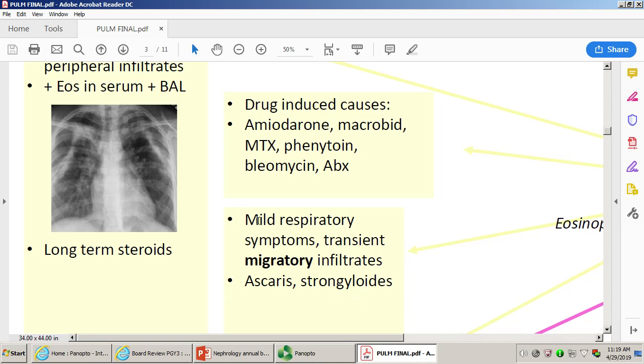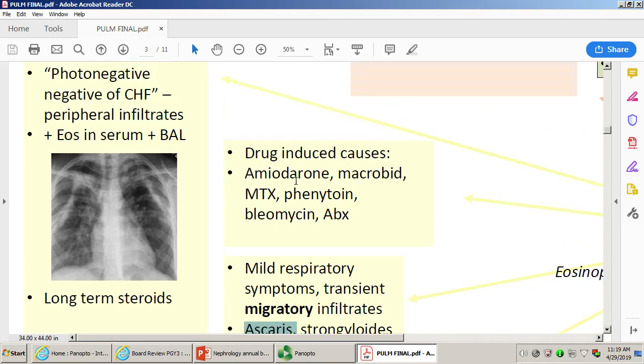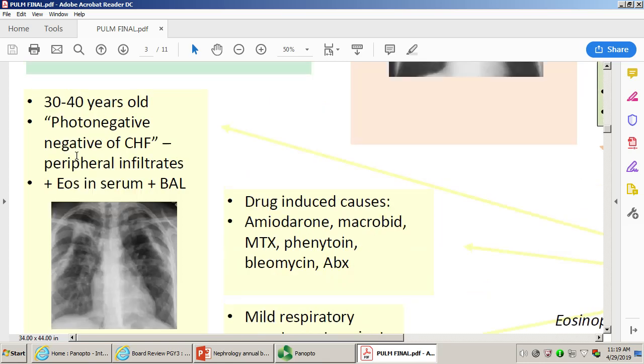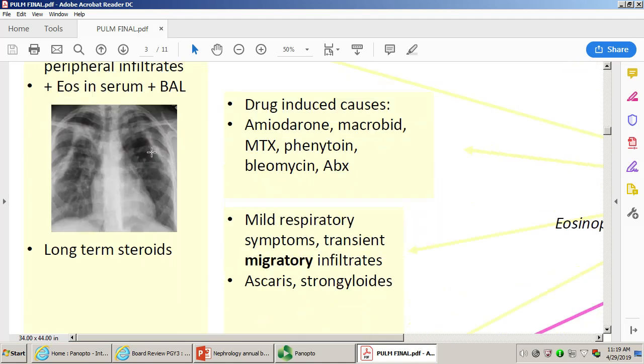This is our self-limited parasitic, more Ascaris, self-limited. We have drug-induced causes. And then we have this one: middle-aged, photonegative CHF, eosinophilia.